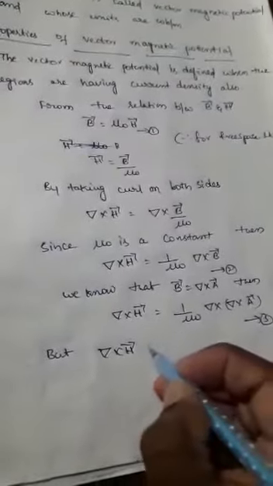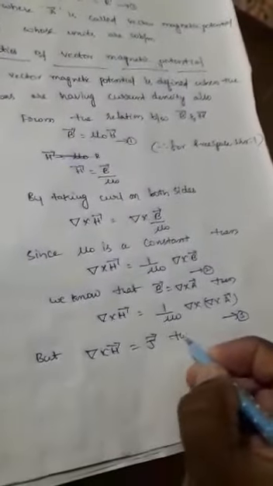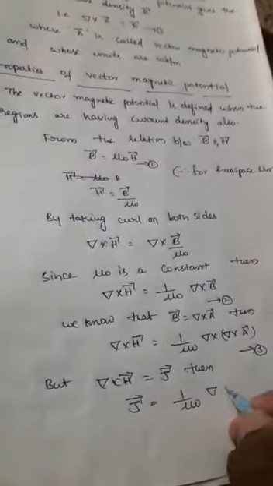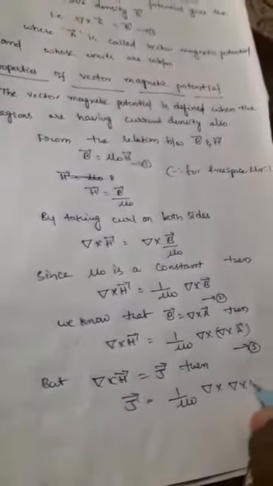But curl of H bar is equal to J bar, then J bar is equal to 1 by mu naught curl of curl of A bar.